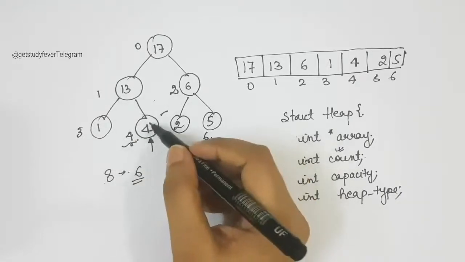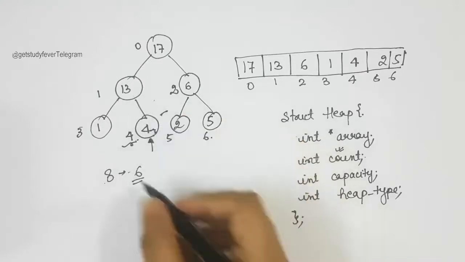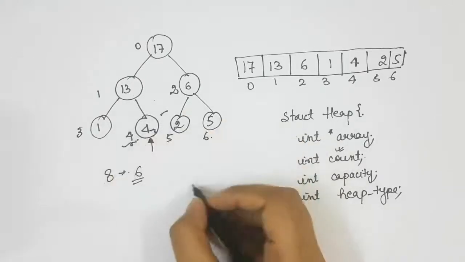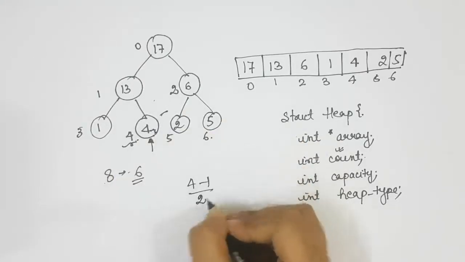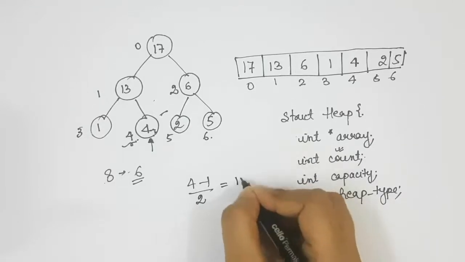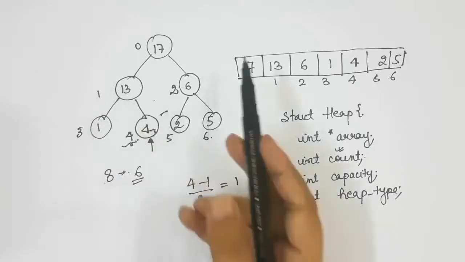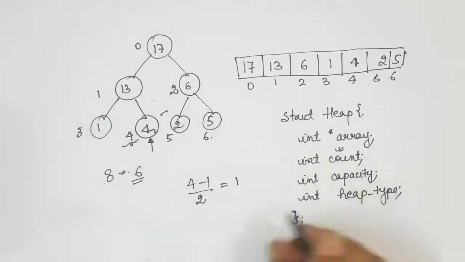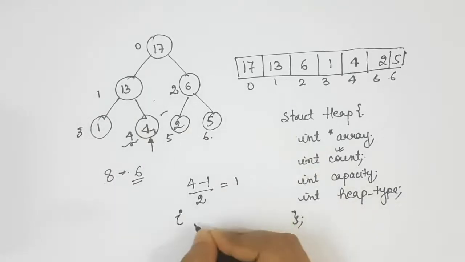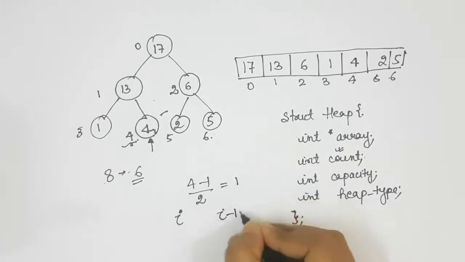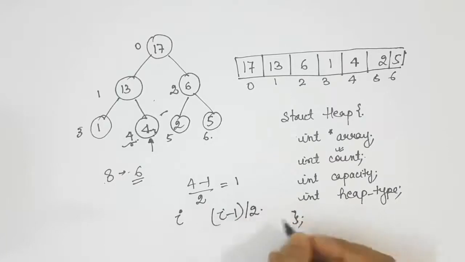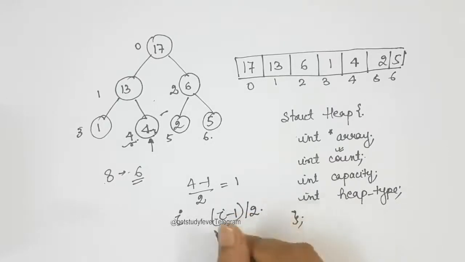If I do this, let's say this is 4, I get 1, and I can see that the parent of 4 is at index 1. So for any element I, I can get its parent using (I minus 1) by 2. This is how we get the parent of an element.